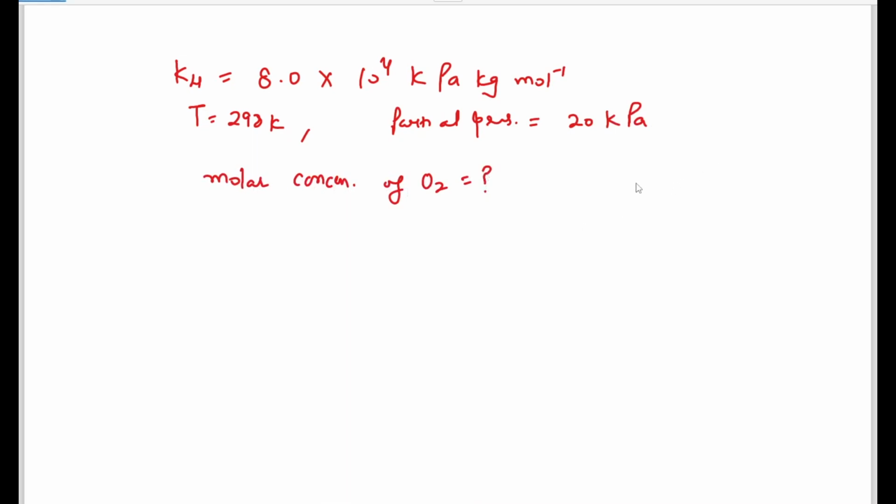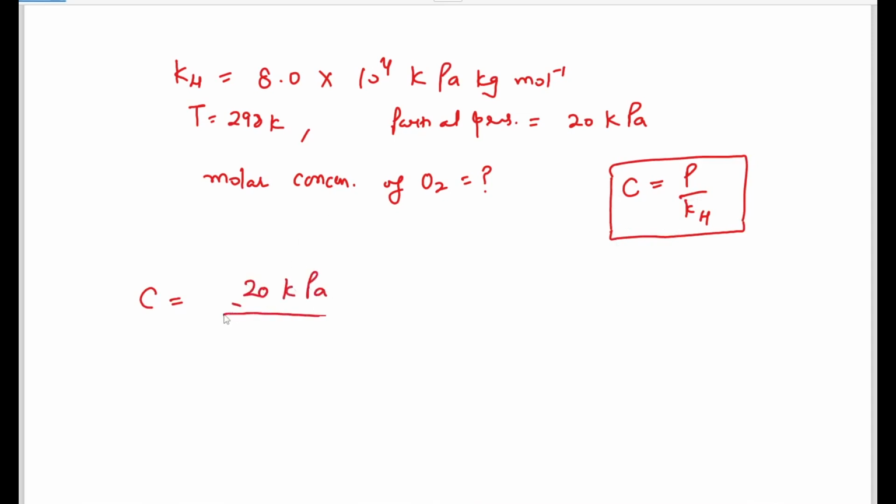So in this case, molar concentration is the ratio of partial pressure and Henry's constant. So C is equal to P over KH. Partial pressure is 20 kilopascal and the value of Henry's law constant is 8 into 10 raised to power 4 kilopascal kg per mole.